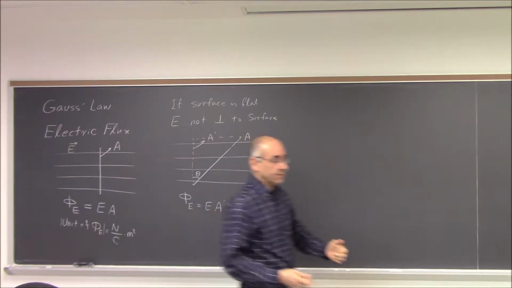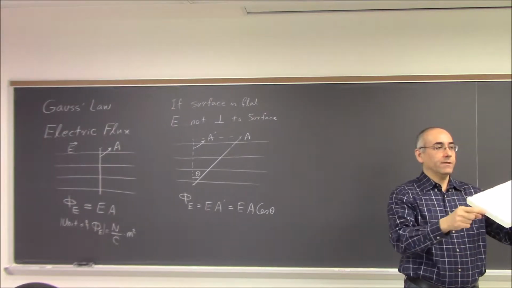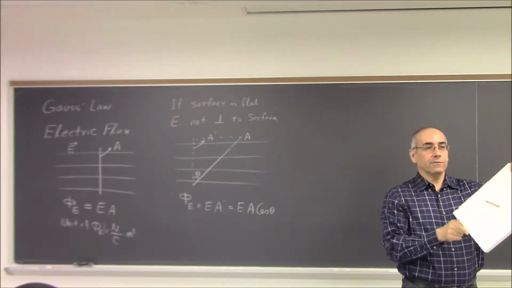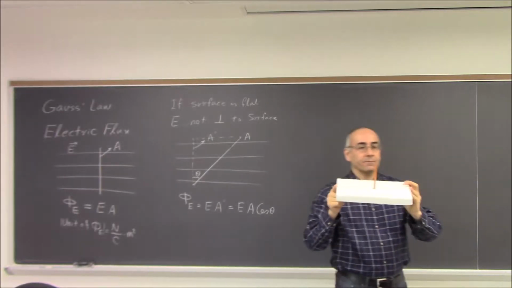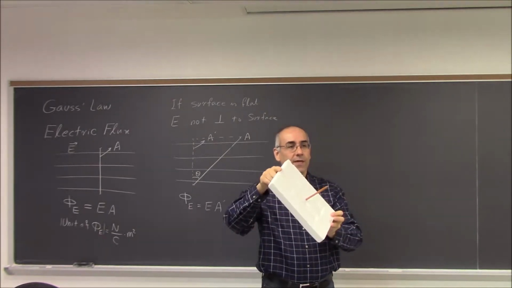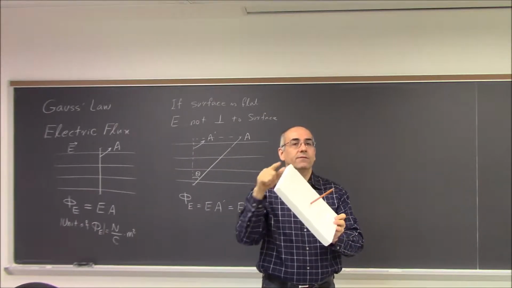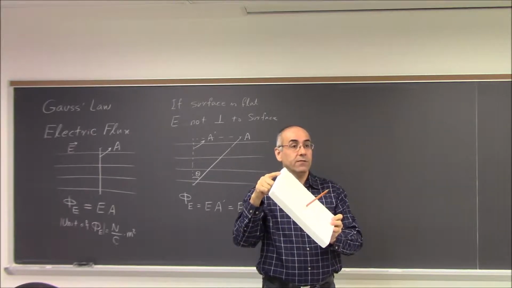Like in here, if this is the area, this is a vector perpendicular to it. If we turn the surface, the vector goes with it, and for every orientation of this surface, the direction of this vector is uniquely defined.